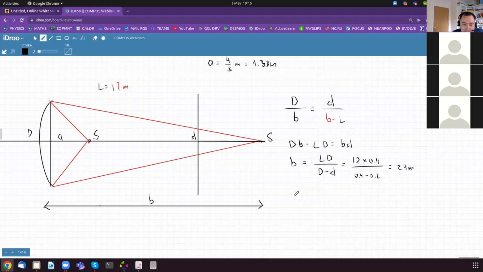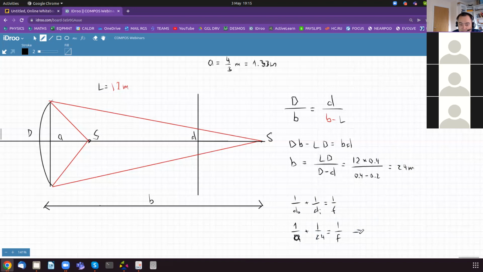Okay, and then we use the curved mirror formula: 1 over the distance to the object plus 1 over the distance to the image is 1 over f. The distance to the object is 12 meters. No, sorry, 1 over a plus 1 over the distance to the image, which is 24 meters, so 1 over 24, equals 1 over f.